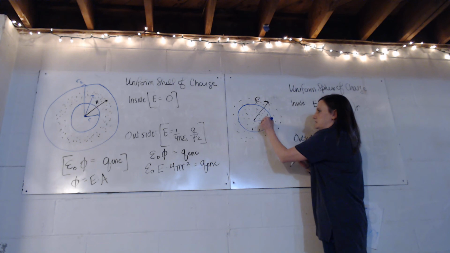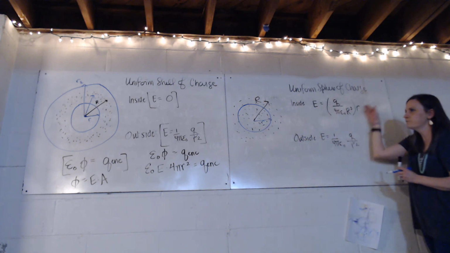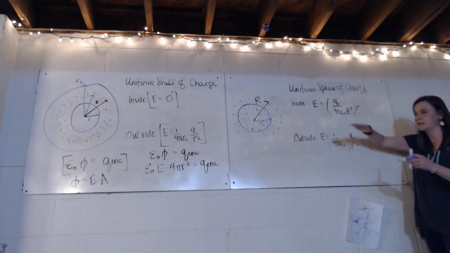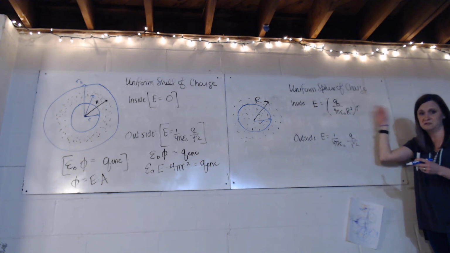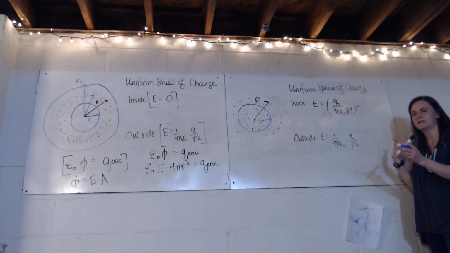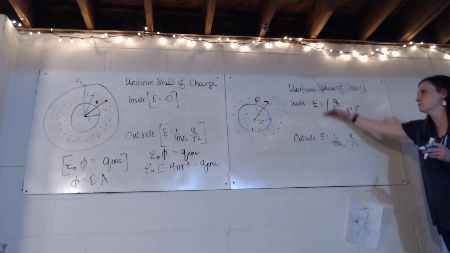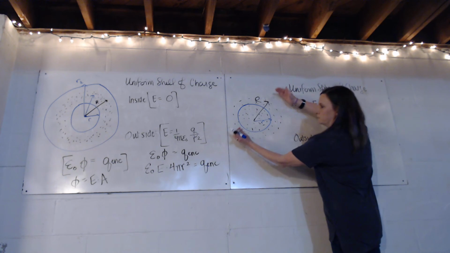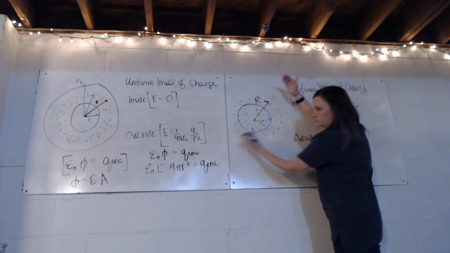Very rarely do you actually do problems like this, but if you do, you literally just plug and chug. I think I gave you one to practice with on the homework, but you don't often see it. It was derived from a ratio of this volume to the full volume, this charge to the full charge. That's where it comes from.